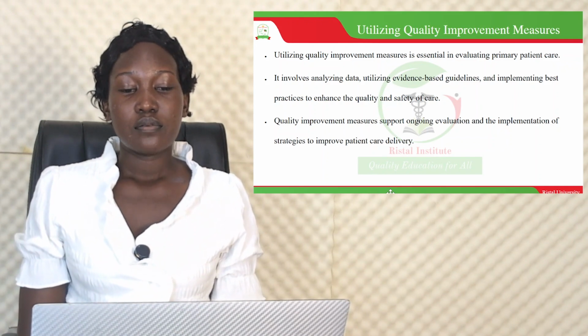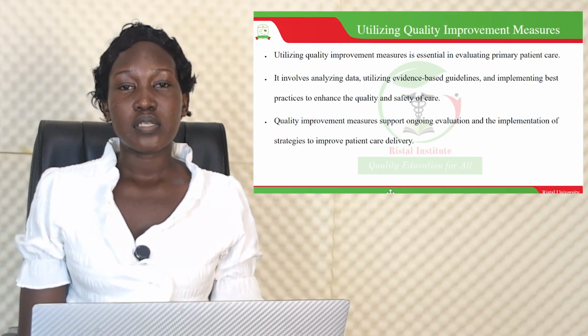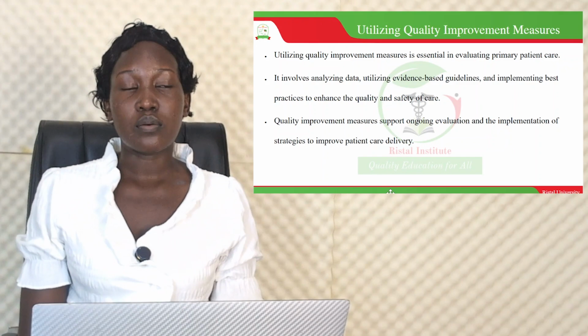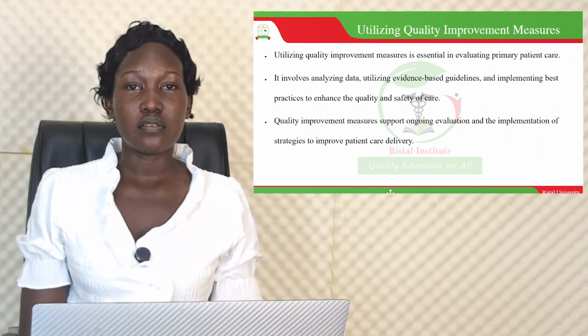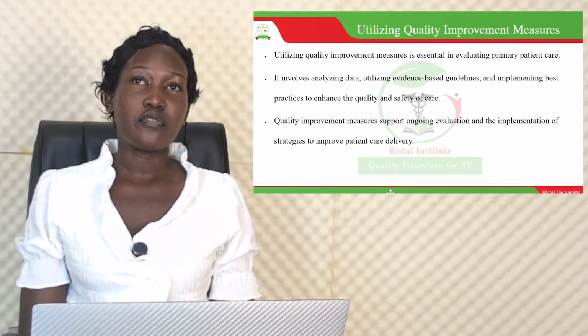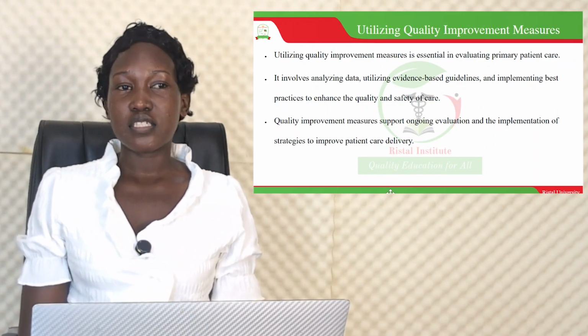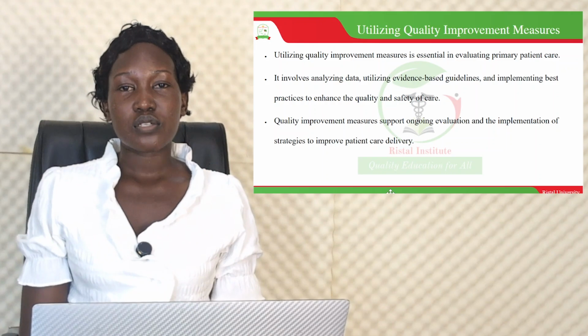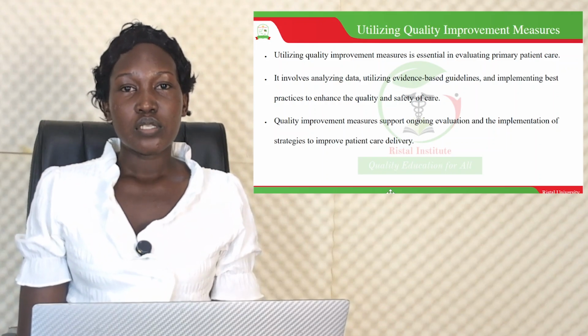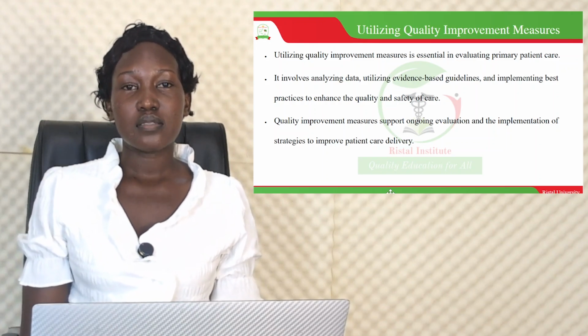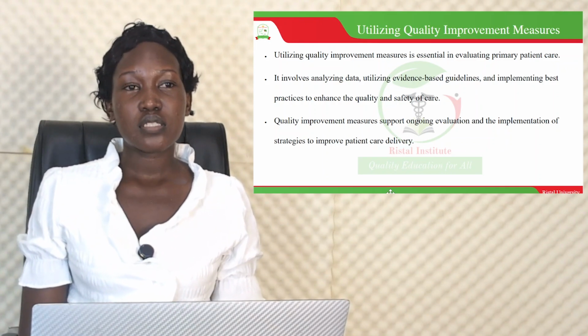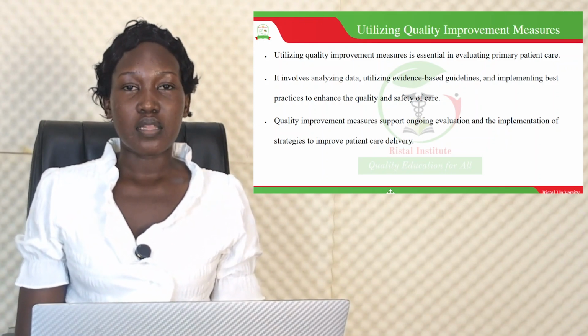So when you talk of utilizing quality improvement measures, we want to look at the quality of care that we have been giving. Sometimes you provide care and you yourself feel like, this one, really, I did not do something sensible. So you can go back and begin to evaluate the type of care that you gave.